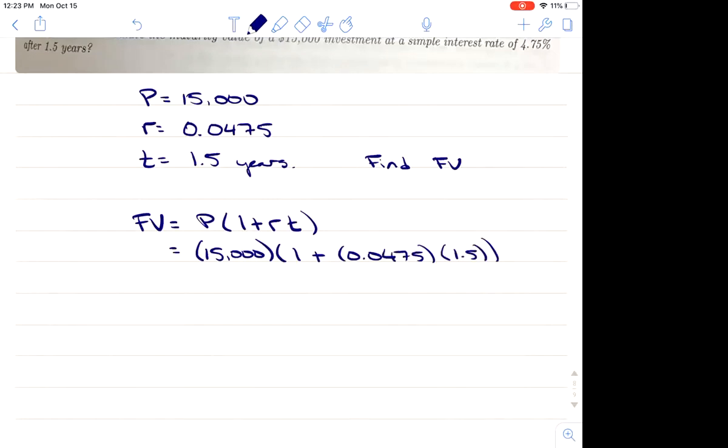Here we have to be really careful that we're applying BEDMAS: brackets, exponents, division, multiplication, addition, subtraction. So we have to deal with the 0.0475 times 1.5 first, then we can add it to 1, then we can multiply it to 15,000.